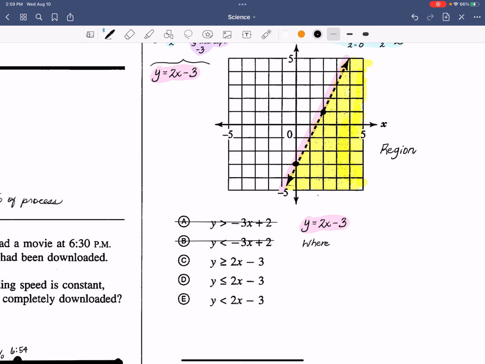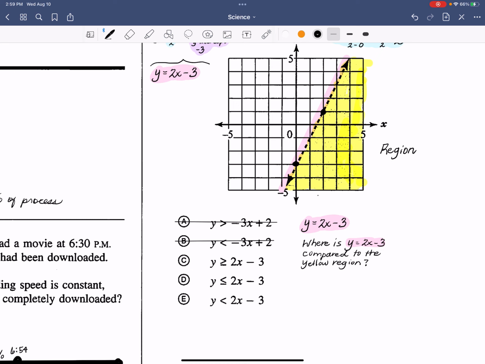Where is y equals 2x minus 3? That's the pink line. Compared to the yellow region. So I would literally ask my students that question.